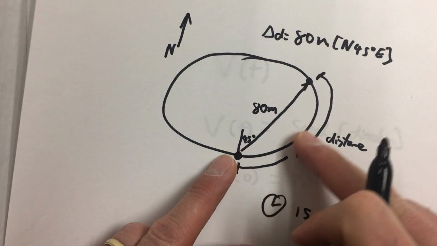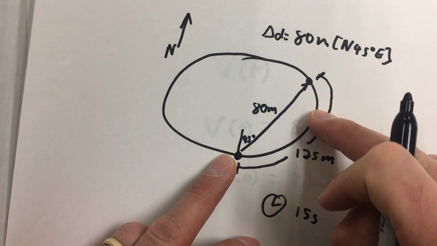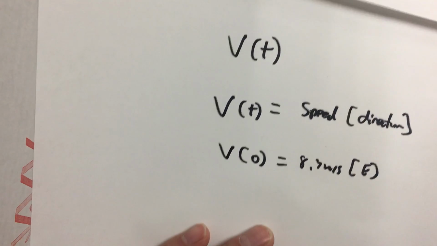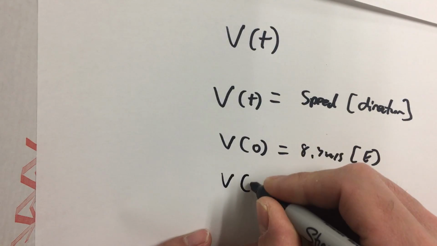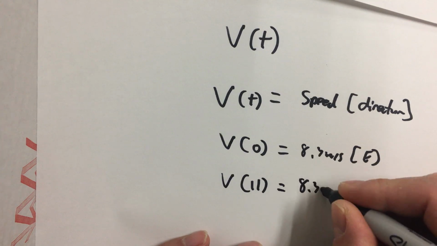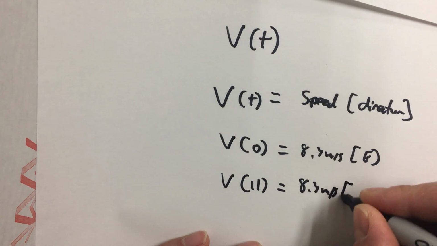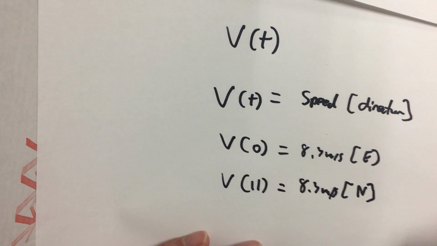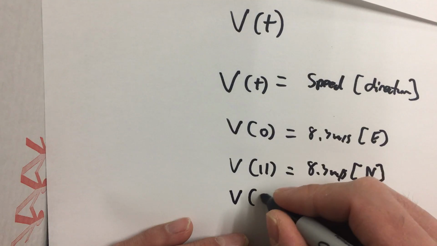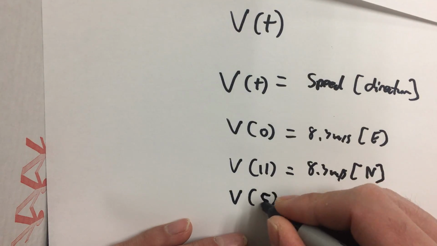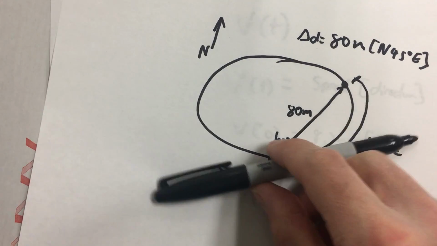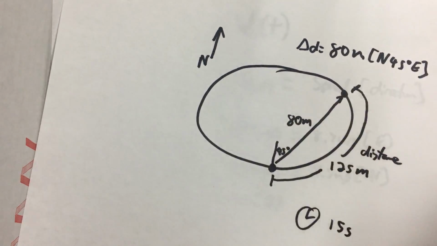And it looks like if they took 15 seconds to get there, maybe they were at about 11 seconds here. So their velocity at 11 seconds could have been 8.3 meters per second north. Their velocity at about 5 seconds, that's a 5, not an S, so 5 seconds into it, they were heading in this direction along that curve.